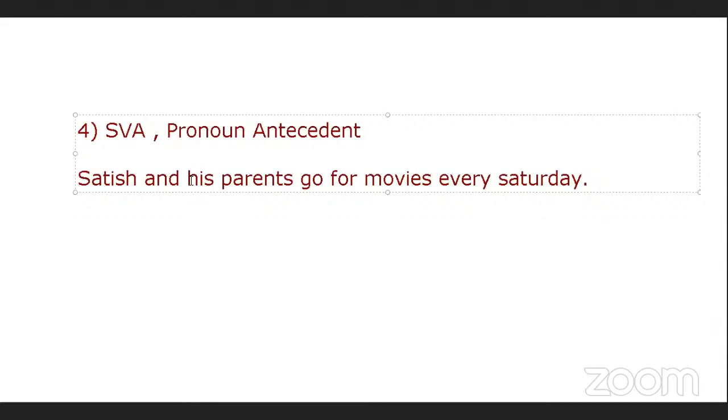What if I put or? If I put or, what happens? What's the rule? The rule is that the verb will agree with the subject closest to it. The verb is go. What is the subject which is closest to it? Parents.